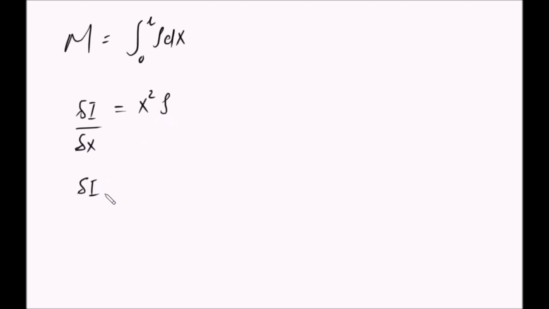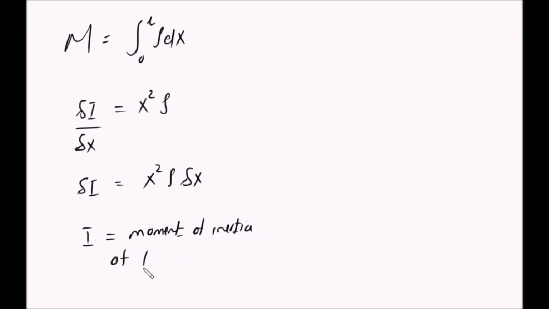Kwa hiyo moment of inertia ya kile ki element ni sawa na x squared rho delta x, lakini sisi tunatafuta I. Hii ni moment of inertia ya ki element. Sisi tunatafuta I ambayo ni moment of inertia of the whole body.